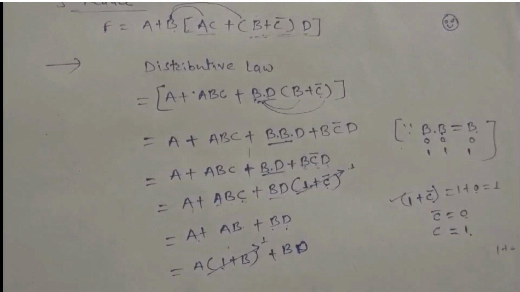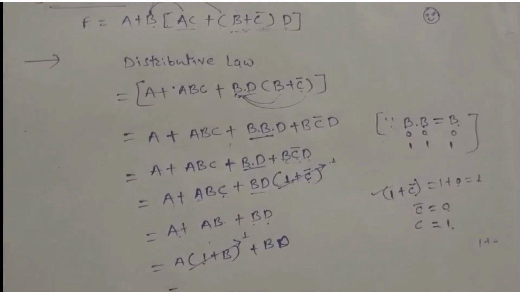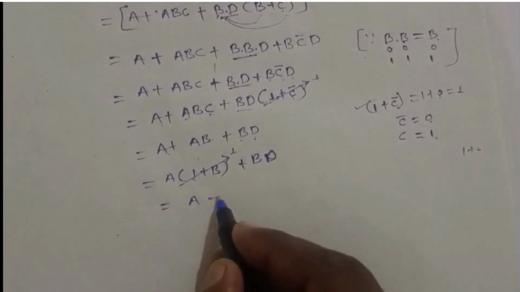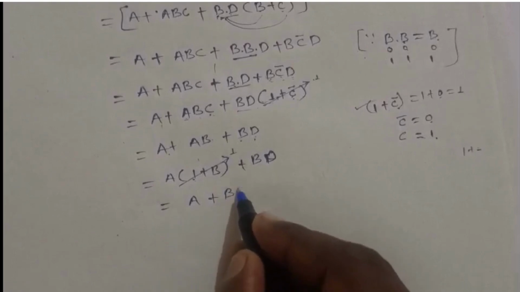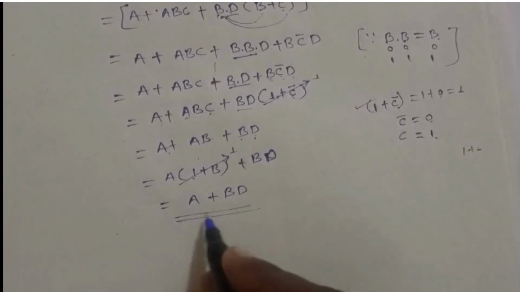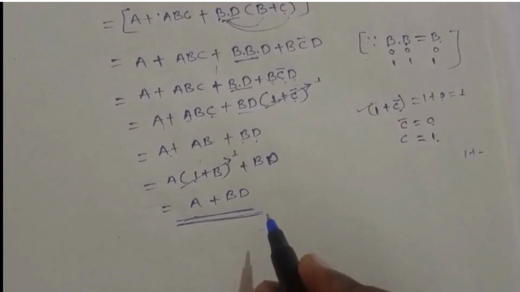See what will happen now. What will remain? A plus only BD. Next to this we cannot reduce, so this will be your final answer.